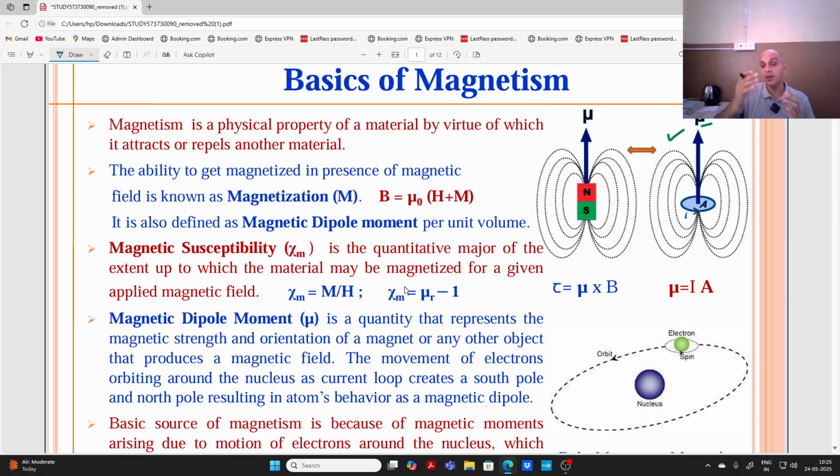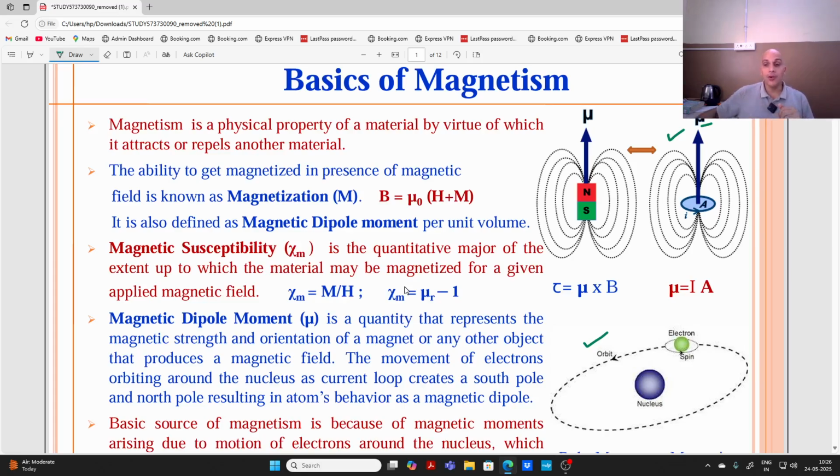We know very well when a charged particle moves in a closed path, you can see here, the electron is moving around the nucleus in an orbit. Then this is equivalent to the flow of current in a closed loop, and a small closed loop behaves like a magnetic dipole, right?